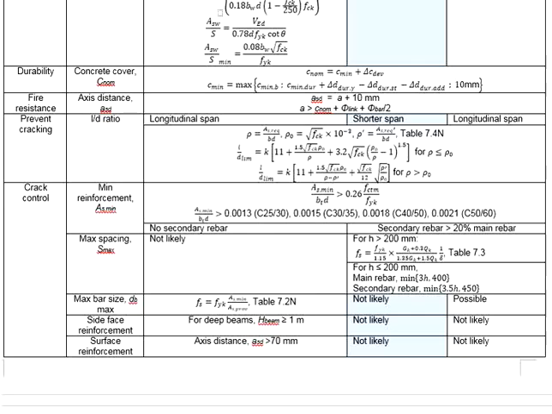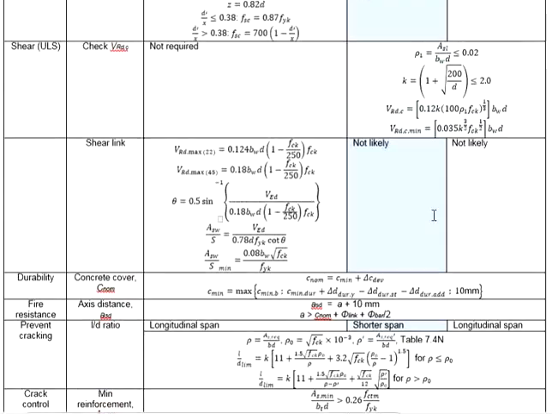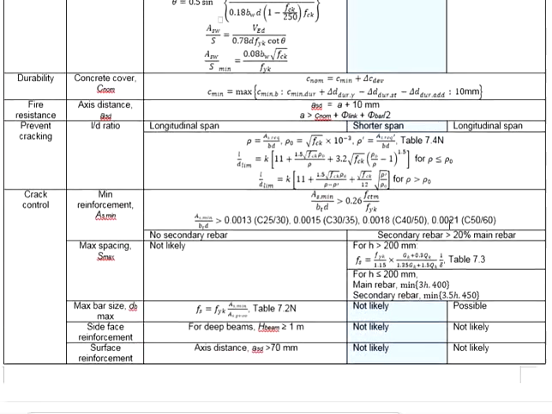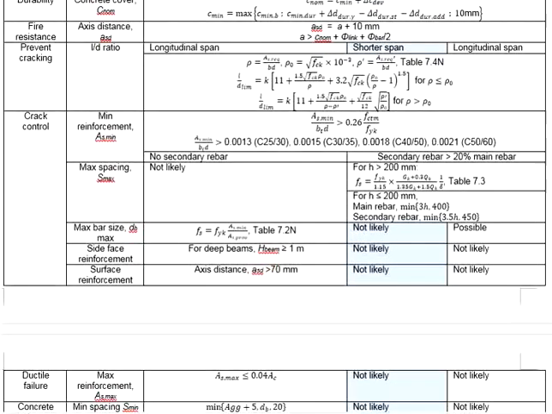As you can see here, the considerations for the AS-min based on the formula and the ratio is applicable to the beam, slab, and staircase. That means when you design the reinforcement bar for these three structural elements, AS-min should always be checked.